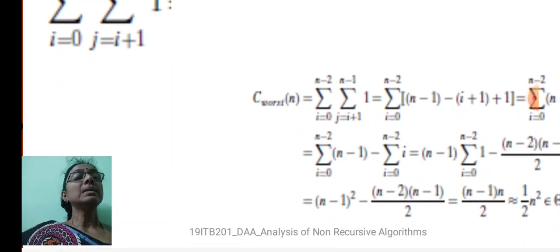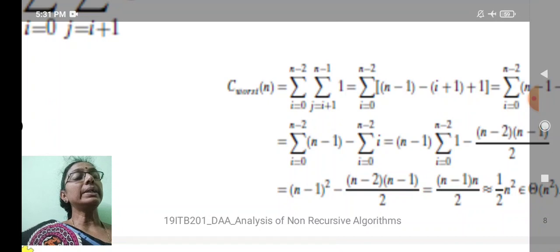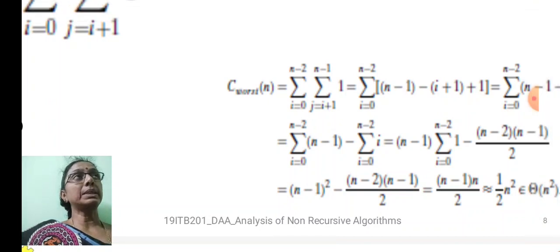After the formulation, we get n times n minus 1 divided by 2, which is more or less equal to one half n squared. So the worst case complexity of the uniqueness problem is order of n squared.